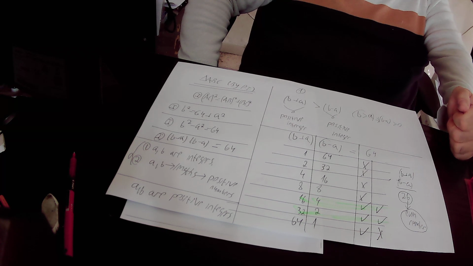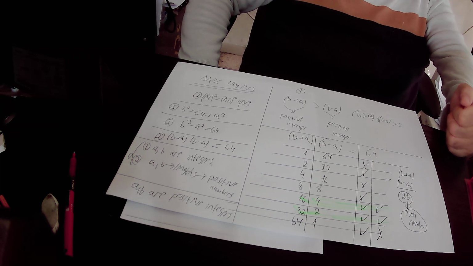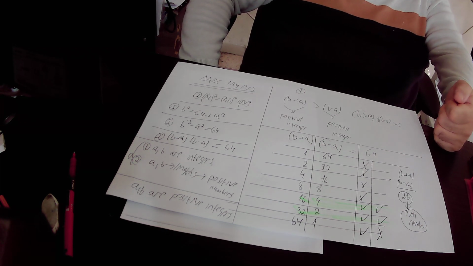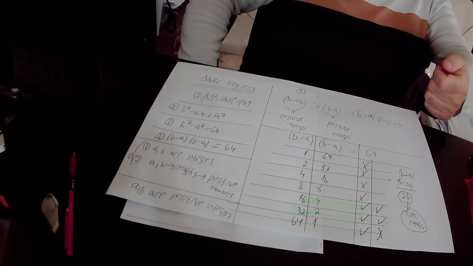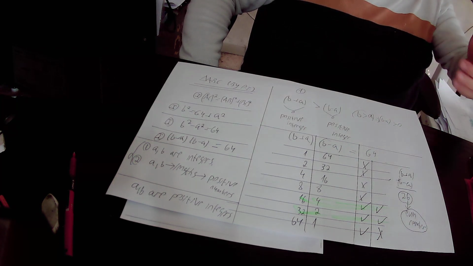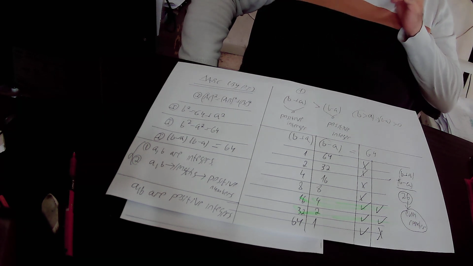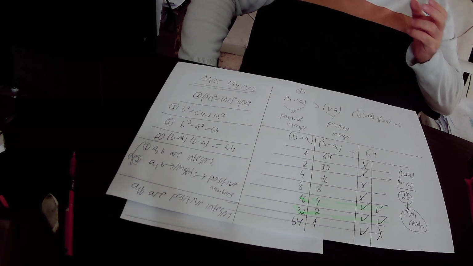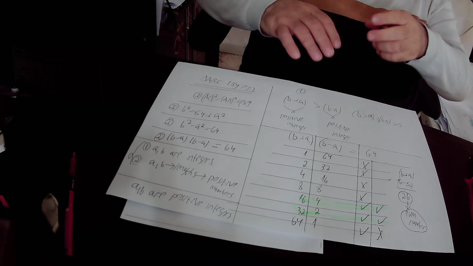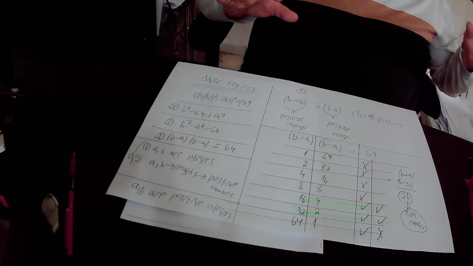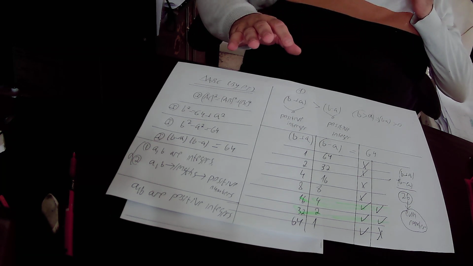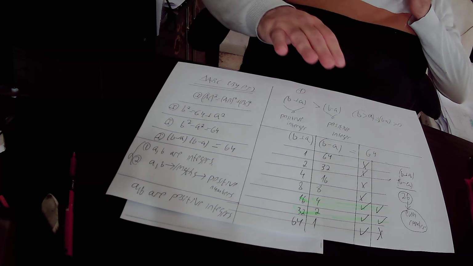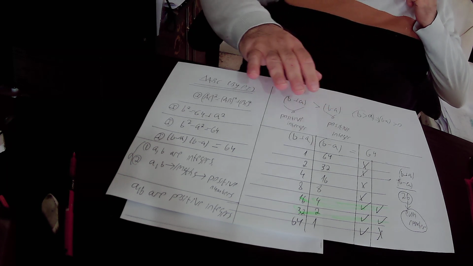So in conclusion, if we add the two numbers together, we get 2b, an even number. Why? Because b is a positive integer, so 2b must be an even number. That is to say, when we add the two numbers together, the result must be an even number, otherwise it is not a good option.